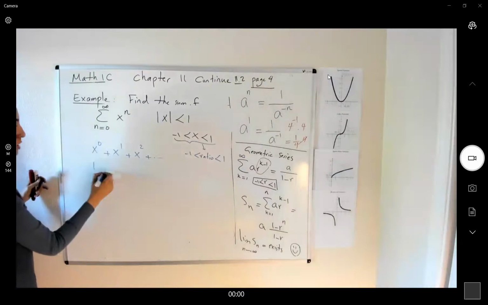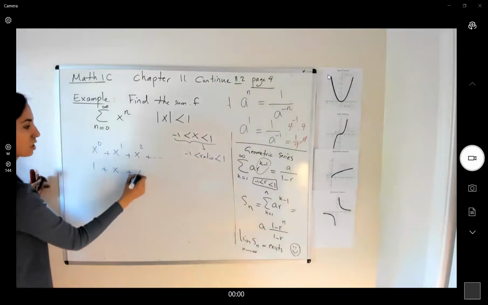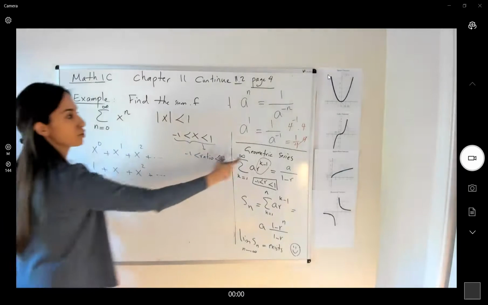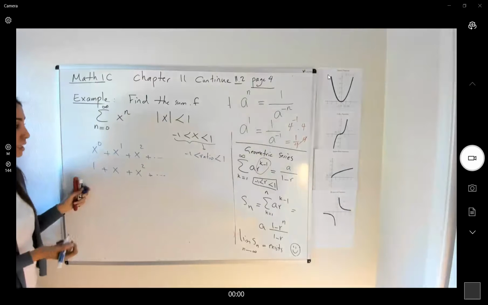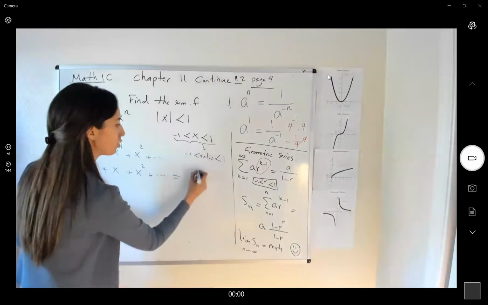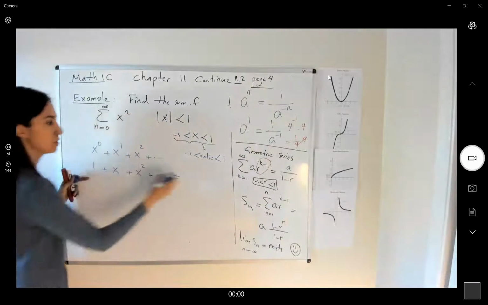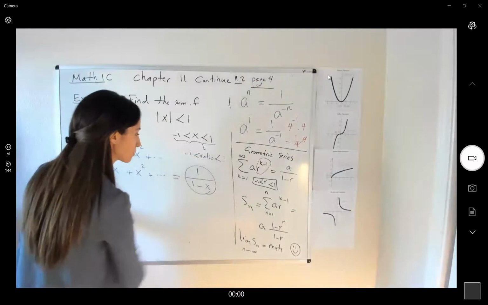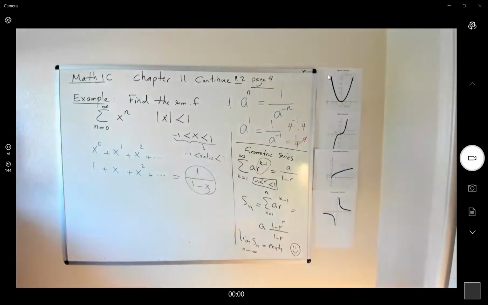So this is 1 plus x to the first, x squared plus the rest of it. If you compare this with the geometric series, then it is equal to a, the first term 1, divided by 1 minus x. This is your sum.